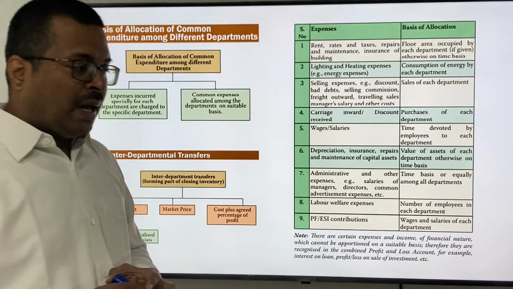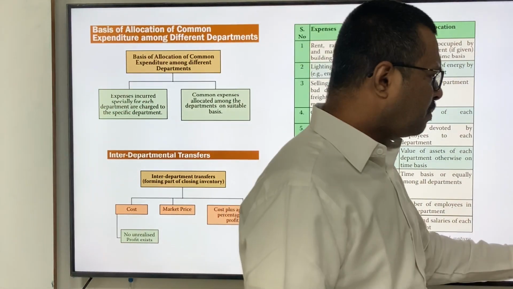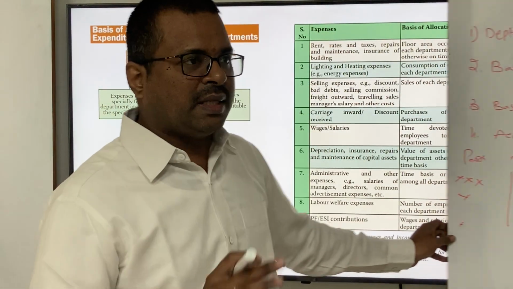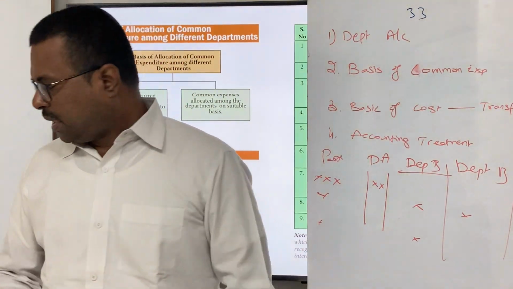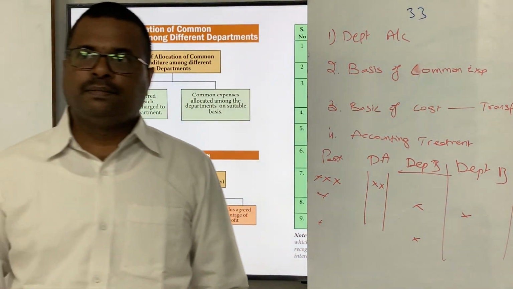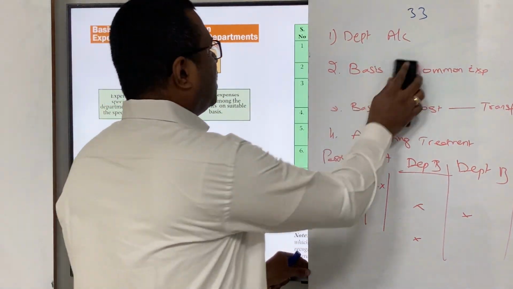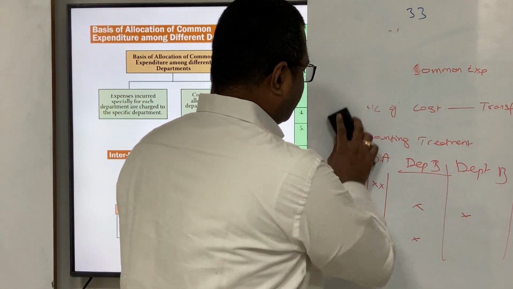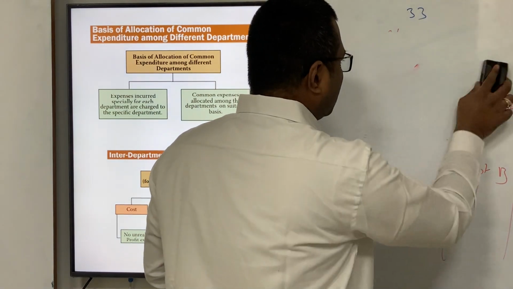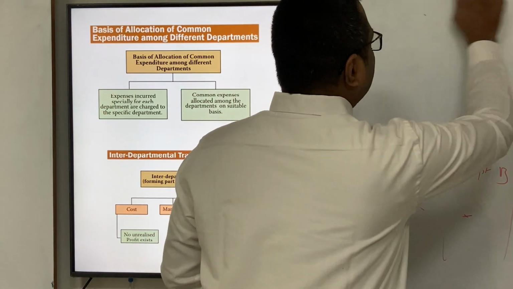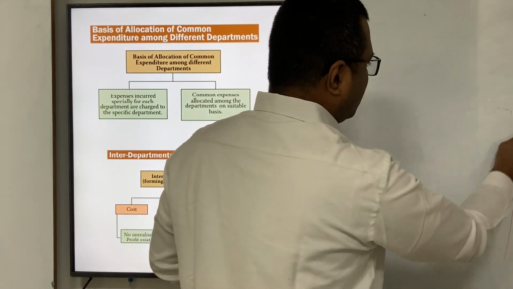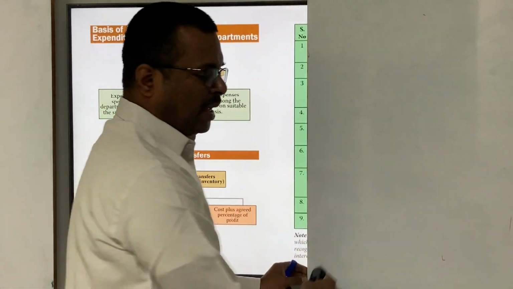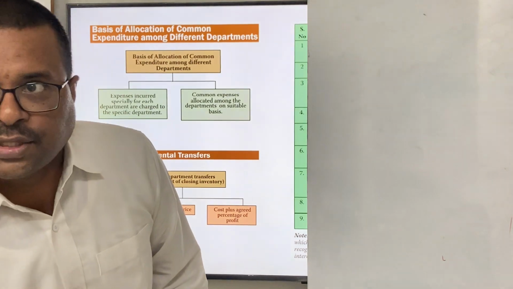Now let us understand this profit element. The department has transferred the product at a particular price to the next department. Now, has the business gained anything? No, because it is only a transfer of material from one department to another. There is no actual realization of profit.